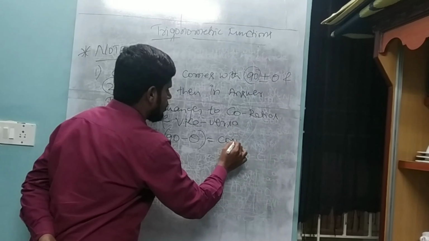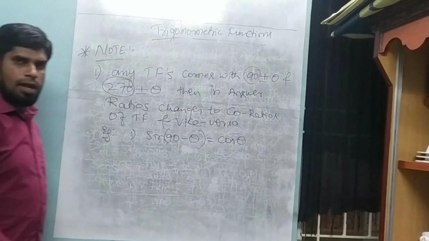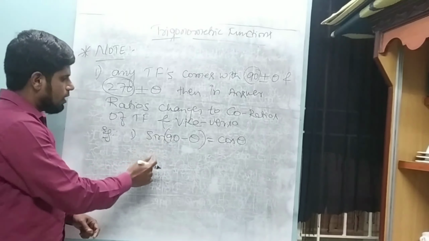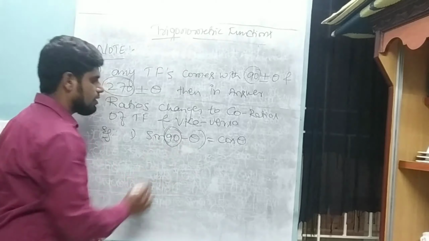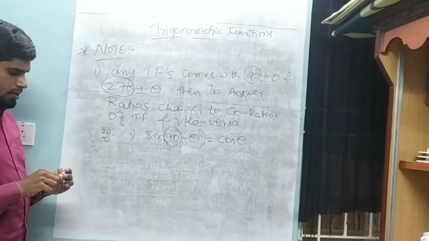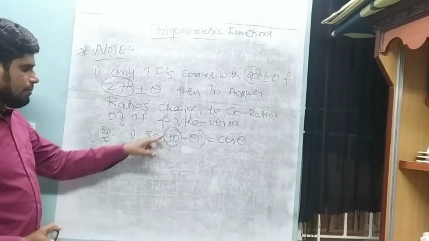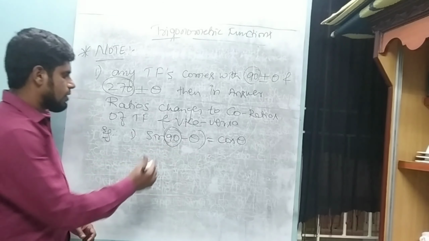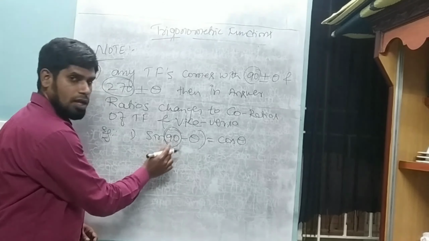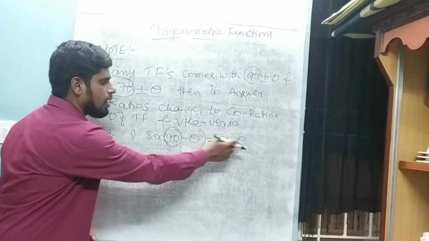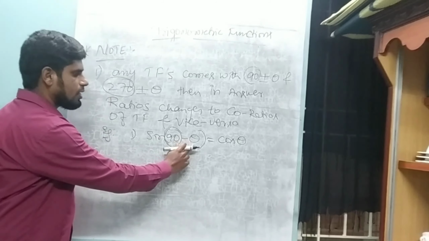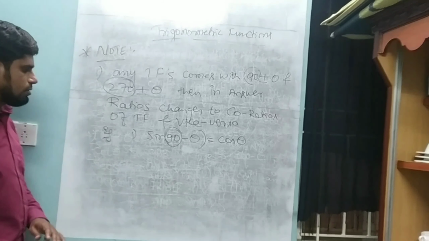It is cos theta. And here student, when a right angle comes with trigonometry, then always this quadrant vanishes. Whatever the quadrant is here, that is n pi by 2. Here 1 pi by 2 is pi by 2, which is 90 degrees. This quadrant always vanishes, and it will give the standard angle as an answer. So sine 90 minus theta is cos theta.